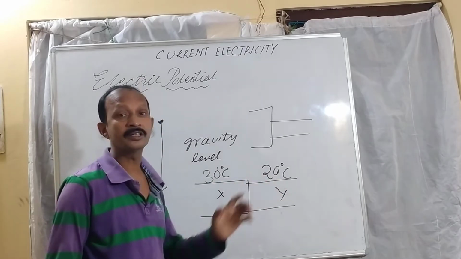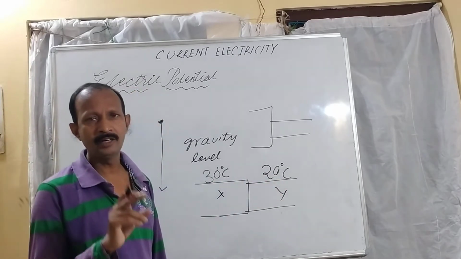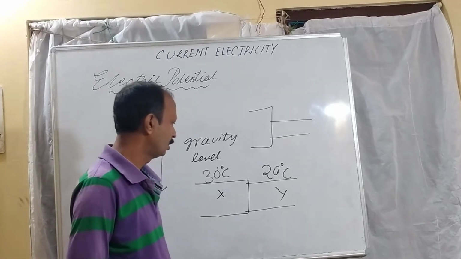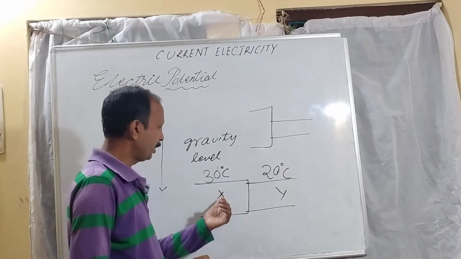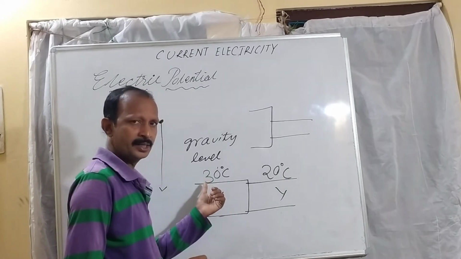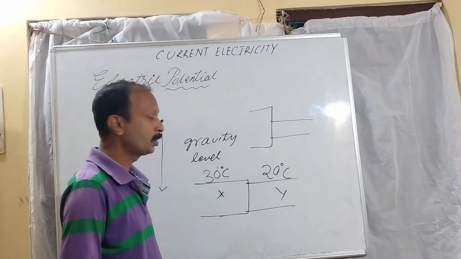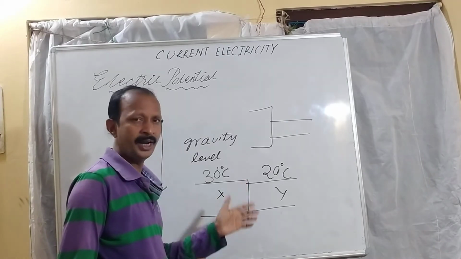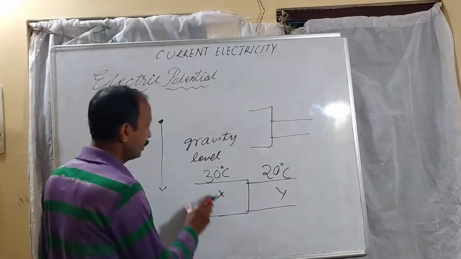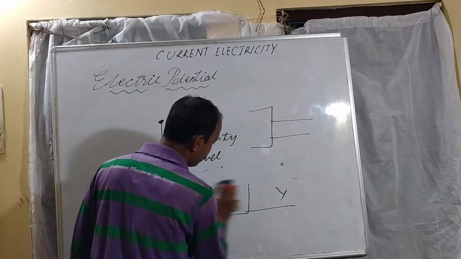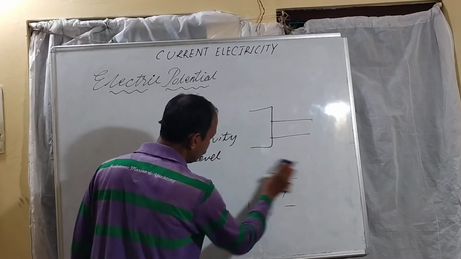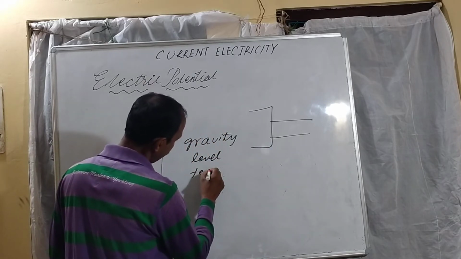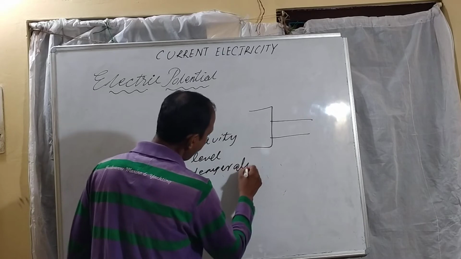I have mentioned here the temperature. You know that heat flows from a body of higher temperature to a body of lower temperature. So here the temperature of X is 30 degrees Celsius, whereas the temperature of Y is 20 degrees Celsius. So definitely heat will flow from X to Y. I can say that the direction of flow of heat is decided by a term, that term is nothing but the temperature.